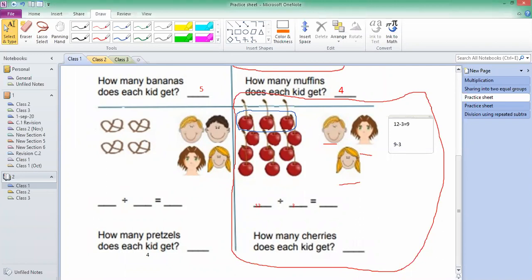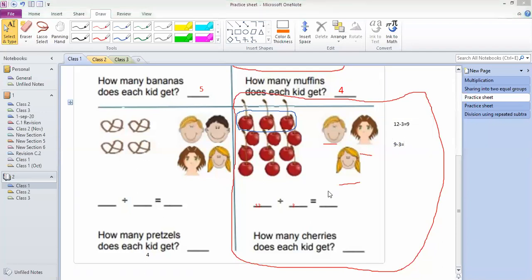When you subtract 3 from 9, there were 9 cherries. Now you give one more cherry to each of them. So 1 to him, 1 to him, and 1 to her. 1, 2 and 3. So you subtract 3 from 9. Now can you tell me 9 minus 3 equals what?